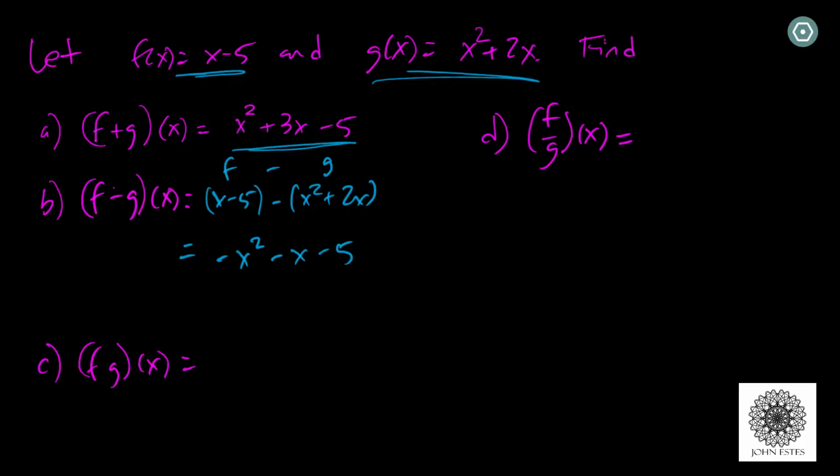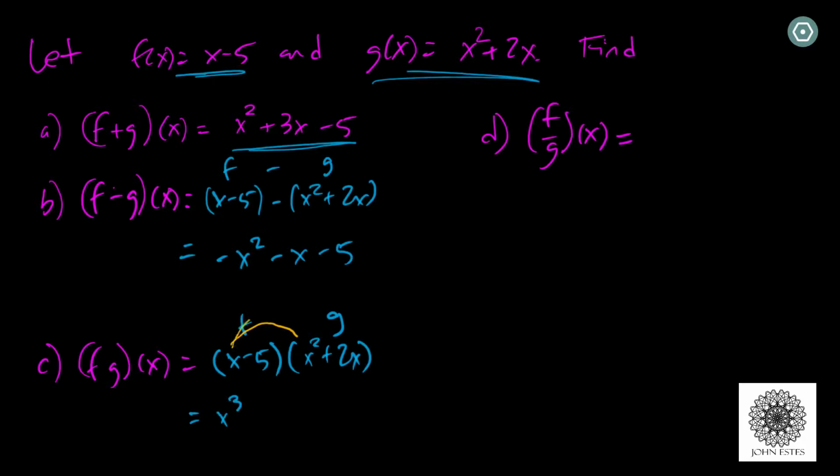Okay, now to do f times g of x, I need to take f, which is x minus 5, times g, which is x squared plus 2x, like that. Now I'm going to solve this through the FOIL method. So if you remember, that means the first, which in this case would be x times x squared, which is x cubed.